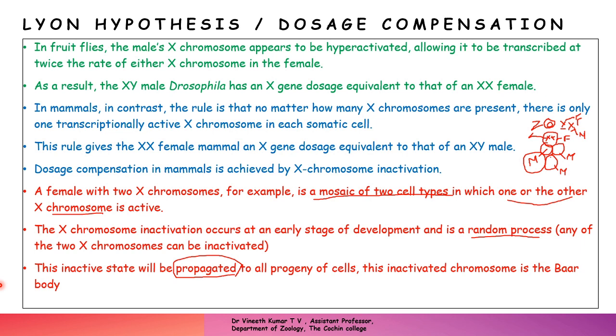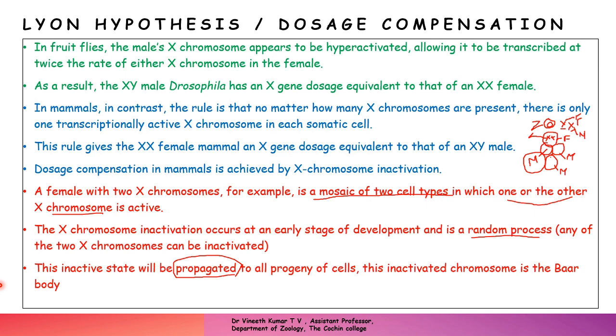This inactivation occurs at an early stage of development, and the process is random. Inactivation happens randomly in the paternal and maternal X chromosome. As a result, in a female body you can see both types of cells: cells with paternal X inactivation and cells with maternal X inactivation.